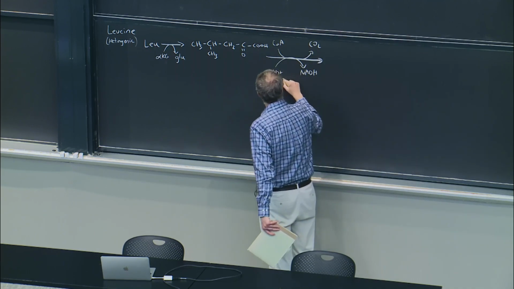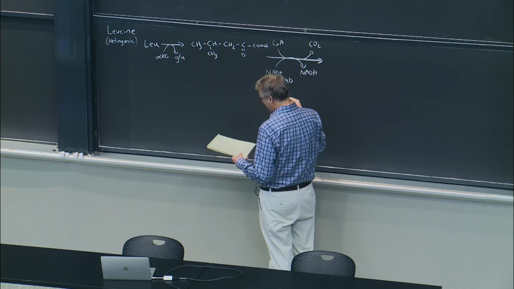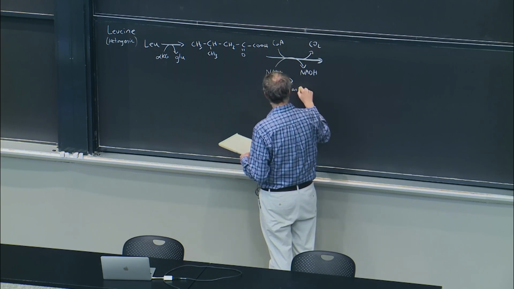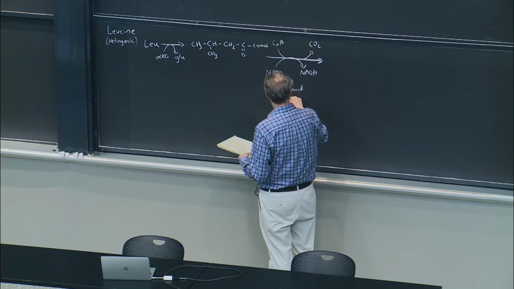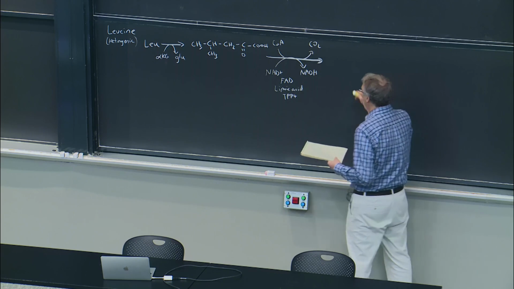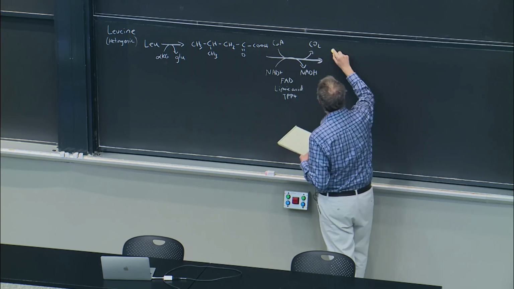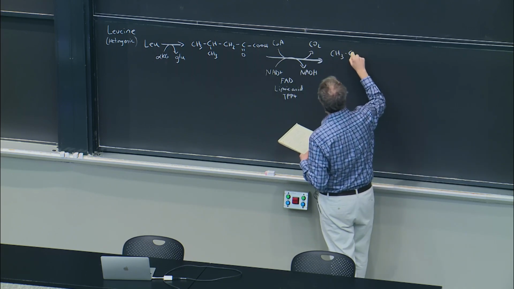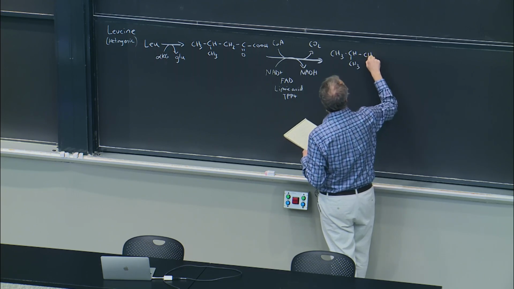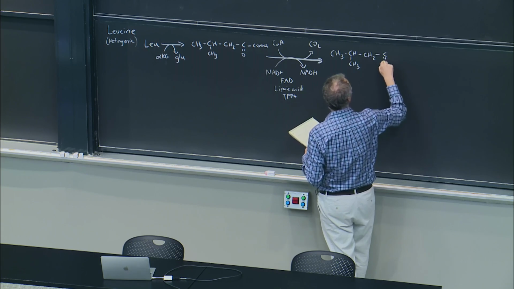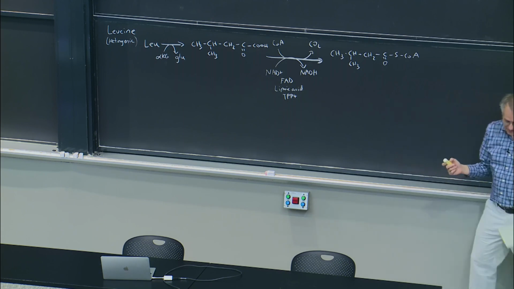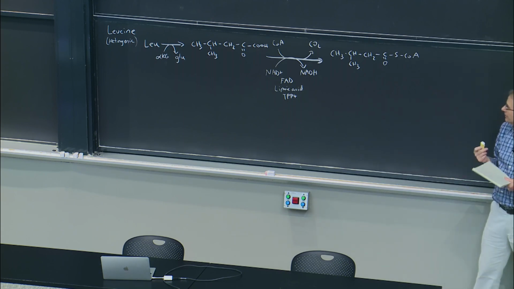And remember, this involved that mini electron transport chain with FAD, lipoic acid, and TPP, okay? And in the end, that releases the CO2, and you end up with this branched chain acyl-CoA. All right?